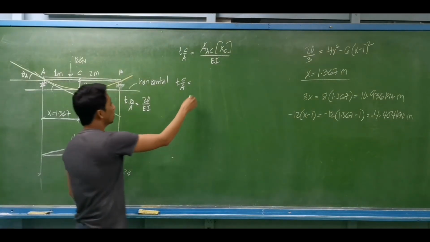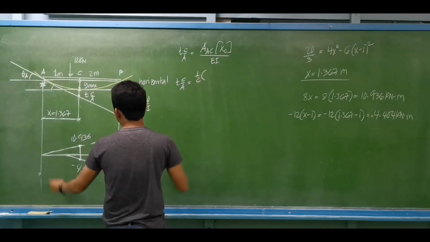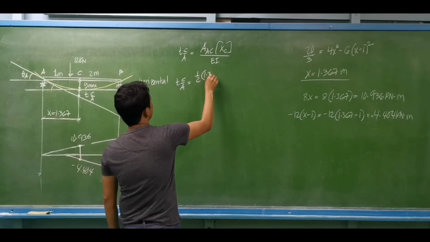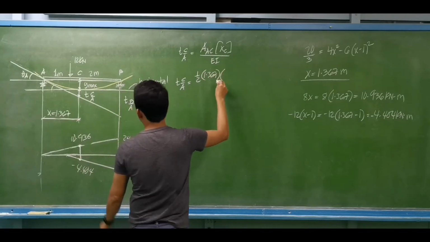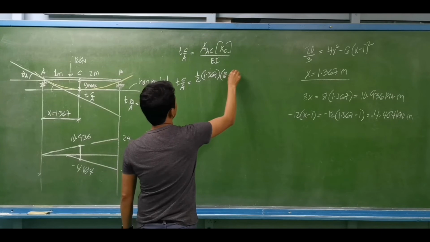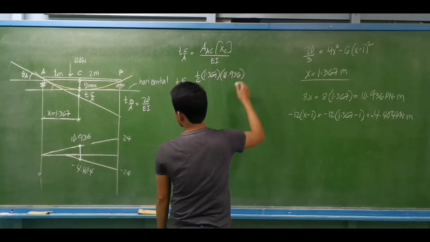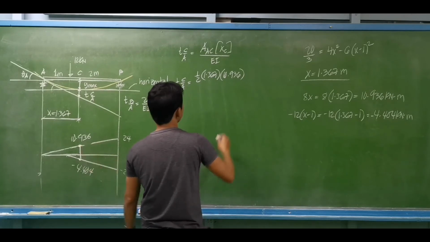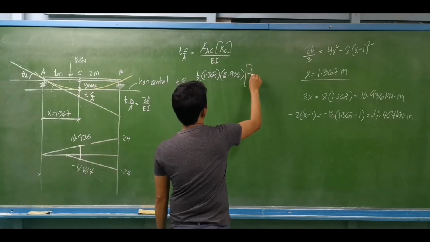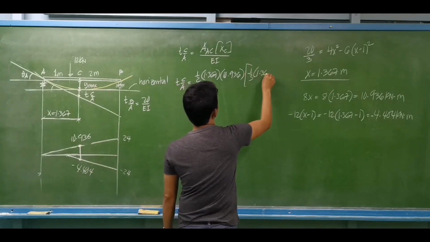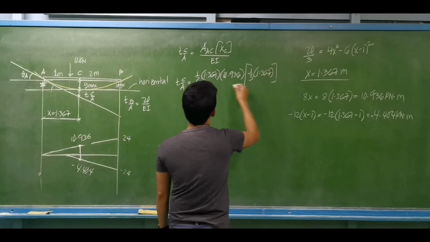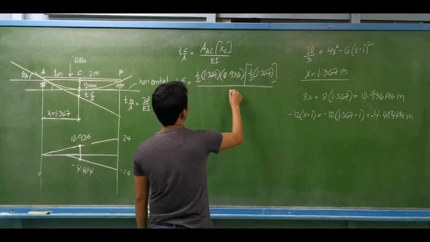Ito yun. We have 1/2. What is our base? Yun yung x, 1.367. What is the height? That is 10.936. Then the distance of its centroid towards point C is obviously 1/3 of 1.367. Okay, this is divided by EI.